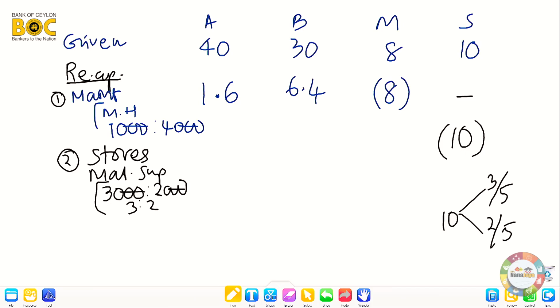How much to A? 6,000, and department B 4,000.